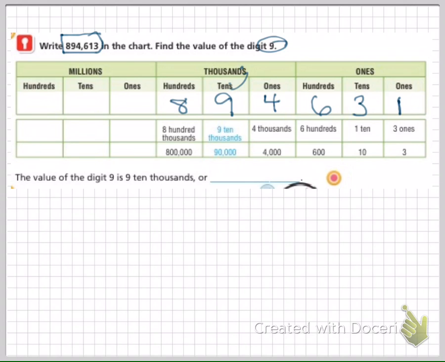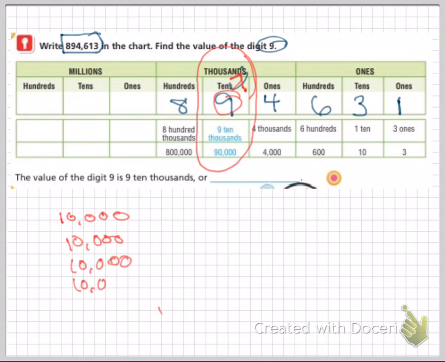Now, they asked you to find the value of the number 9. Here's the value of the number 9. If we use our place value chart, we find that we have 10,000 9 times. So we could do this. Write 10,000 9 times. And 5, 6, 7, 8, and 9.